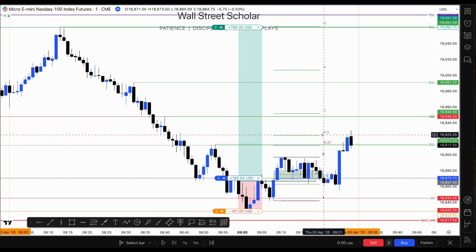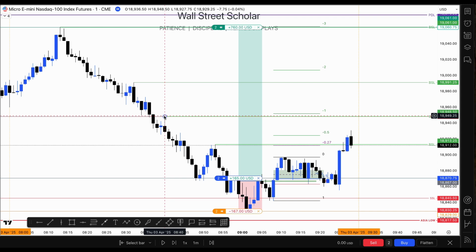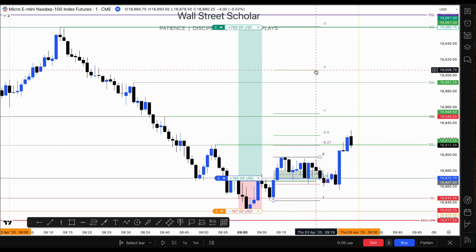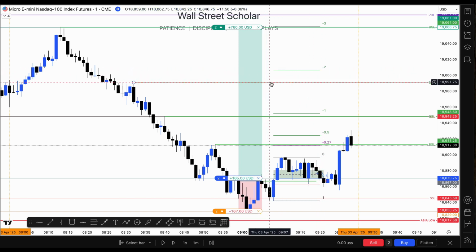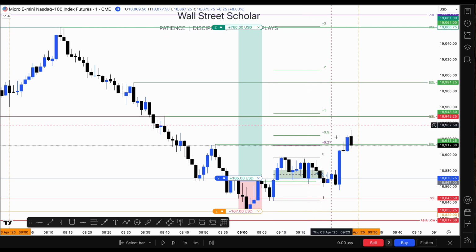If you look at the Fibs, the negative 0.5 is a great first target. If you want the one-to-one move, buy side here is a great target. 2R move, 3R really. We have buy side here, and our ultimate target, negative 3.